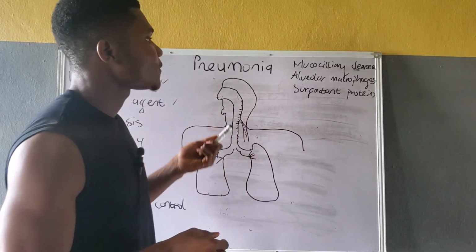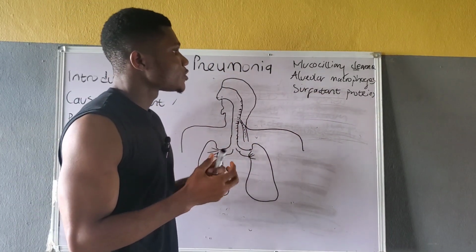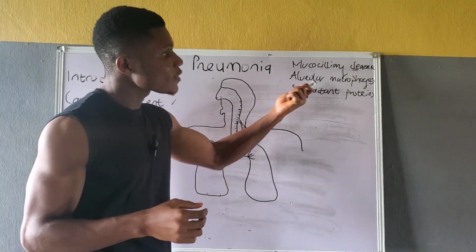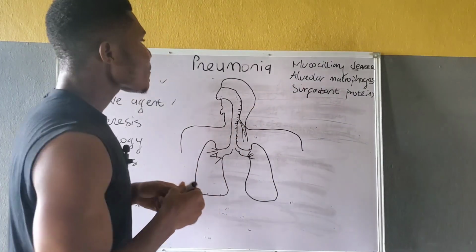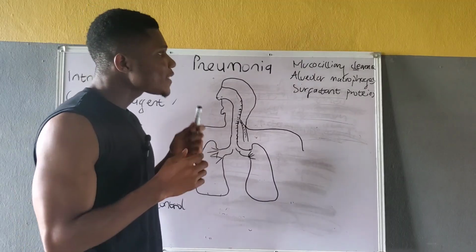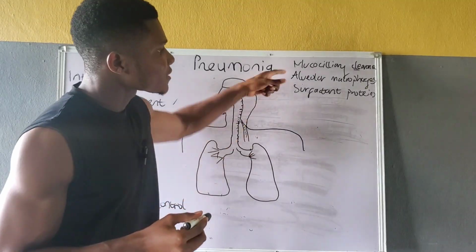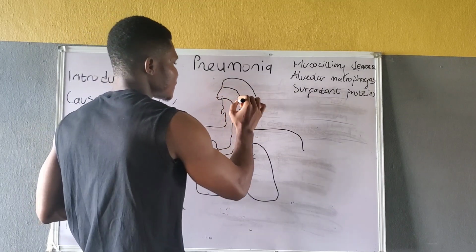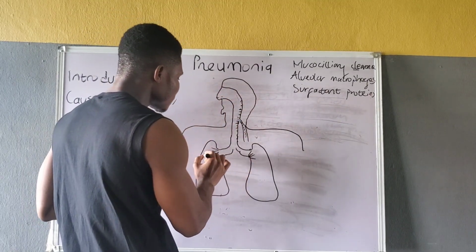Another mechanism that the respiratory tract uses to neutralize pathogens is the alveolar macrophages. The alveolar macrophages come into play when the pathogen bypasses the mucociliary clearance. That is when the pathogen has passed through the respiratory tract and enters into the lungs.